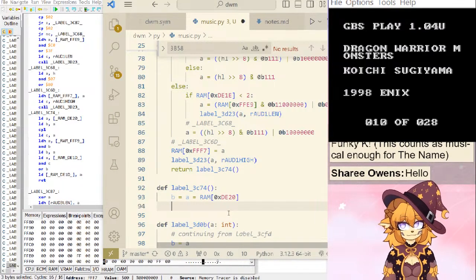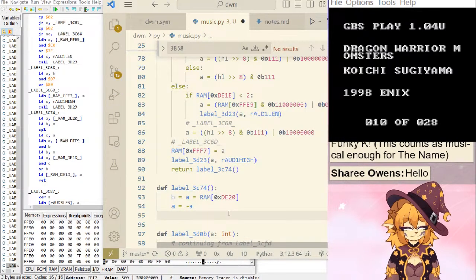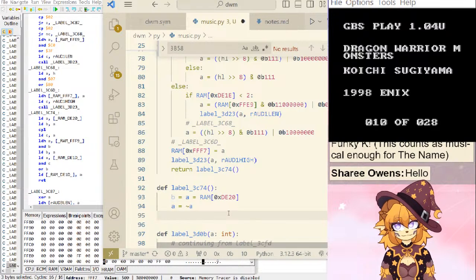Complement. It's one's complement, right? I assume. Yeah. It's the bitwise not.